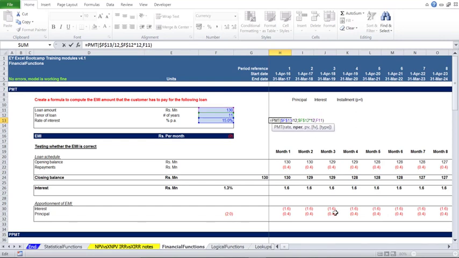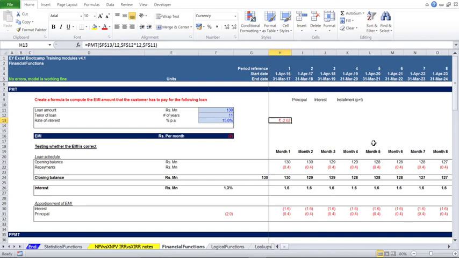The PV of the loan will remain the same. Let's press enter. Now as you can see, minus 2.02 is the monthly installment for the particular loan. This was the PMT function.